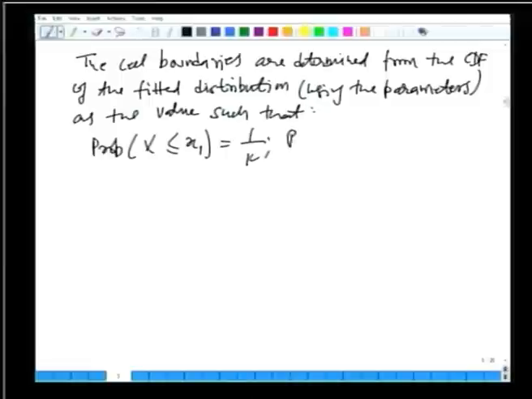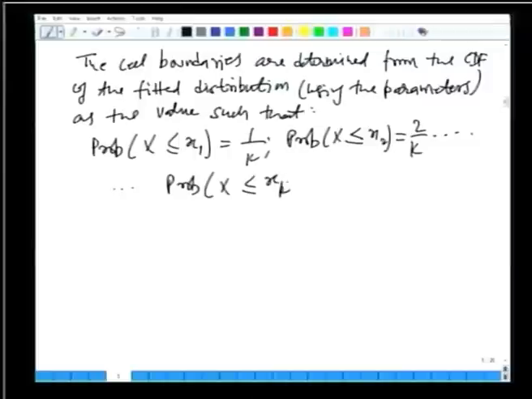The probability of your random variable having a value less than or equal to x2 is equal to 2 by k, and so on, all the way to the probability of your random variable having a value less than or equal to x k minus 1 is equal to k minus 1 over k.